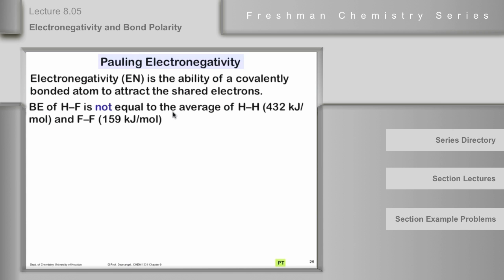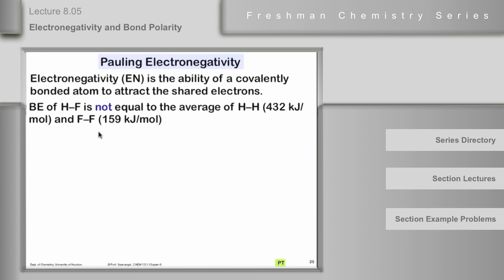Now, Pauling based his concept of electronegativity on bond energies. And we are given to believe that it started with him thinking about the fact that the bond energy for a molecule like HF is not anywhere close to being equal to the average of H2 and F2.